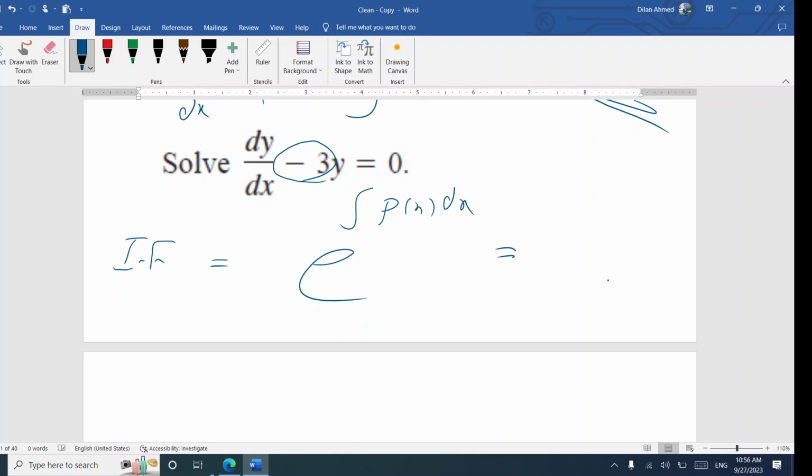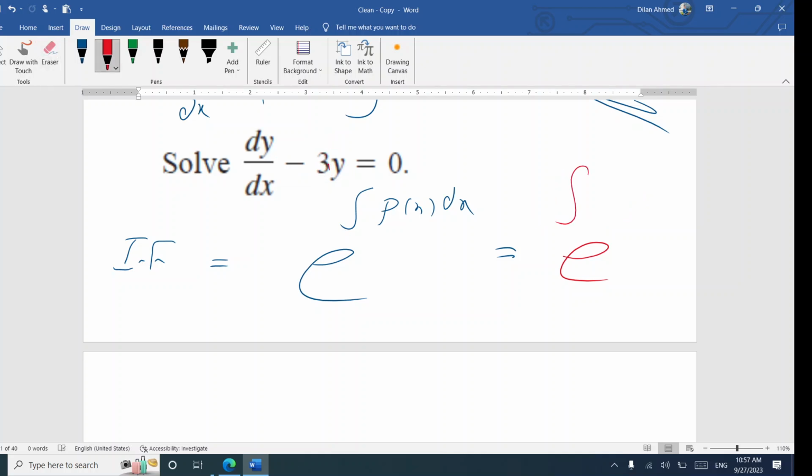What was P of x? It was the coefficient of y. If I have anything with y, I write it here. For example, if I have 3x or x squared, I write x squared.